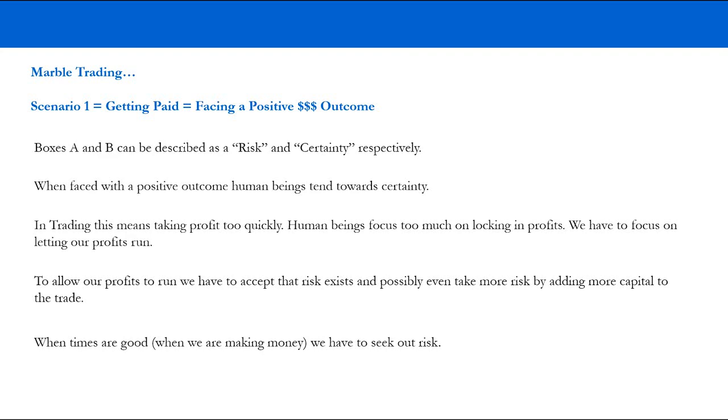So the risk-adjusted payoff of box A is actually £750. So it's higher than box B by £50.